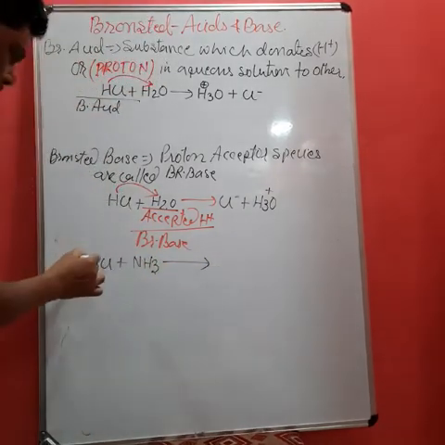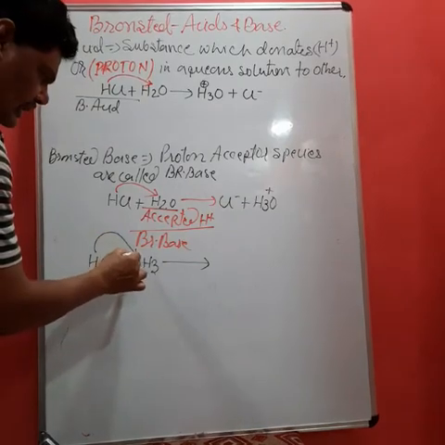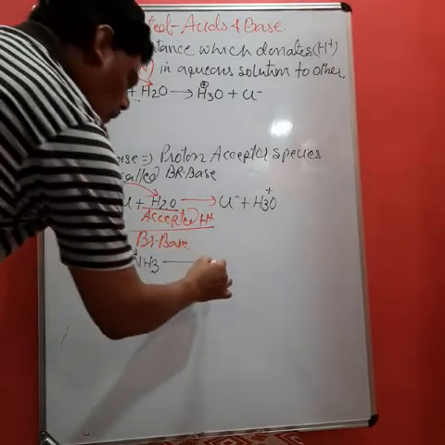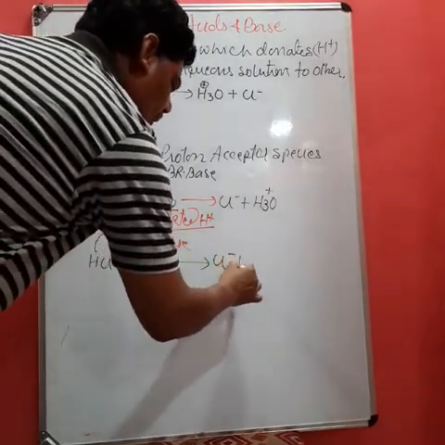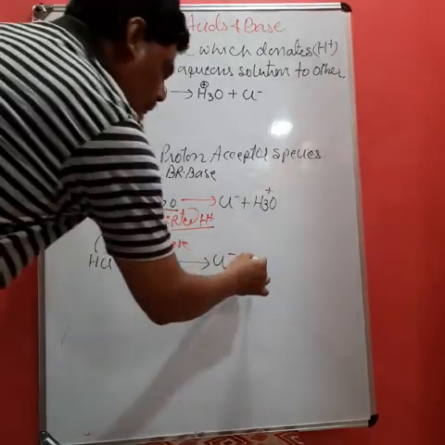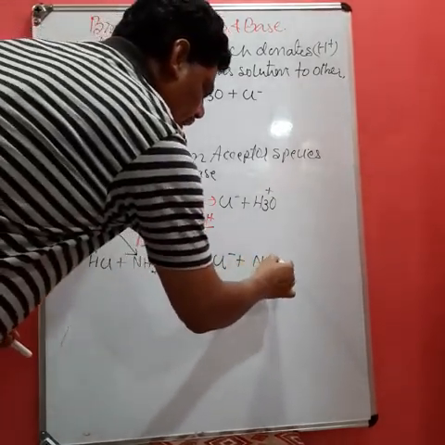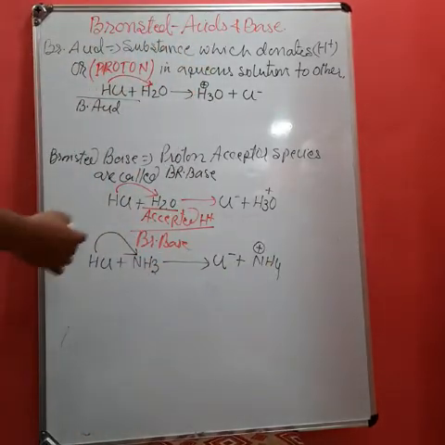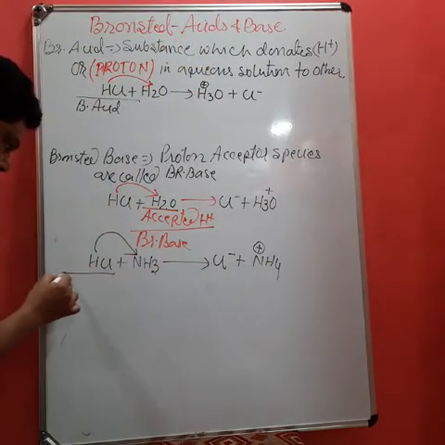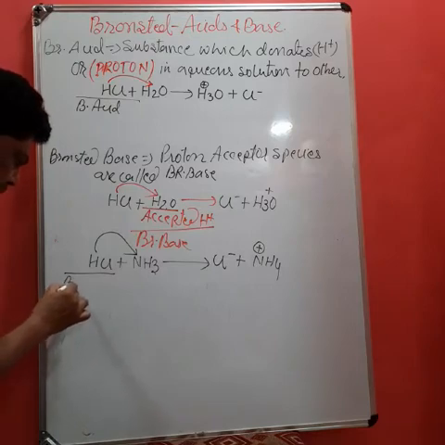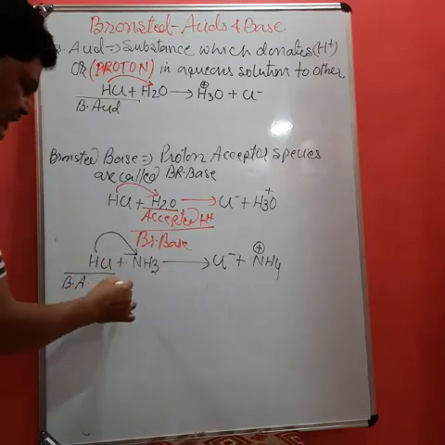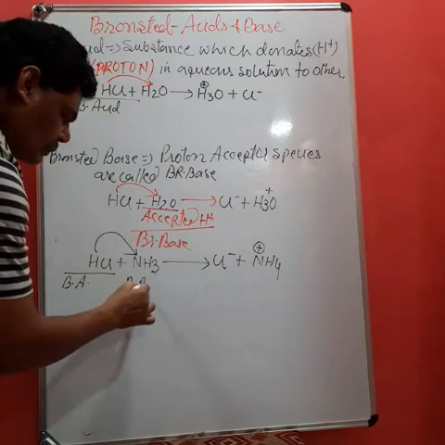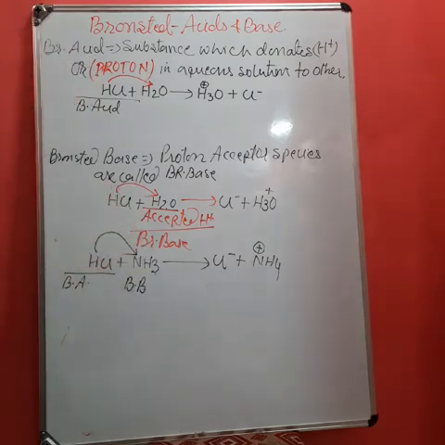Now, HCl donated its H, therefore it converted into Cl anion, and NH3 becomes NH4 cation after gaining a proton. So, this is the proton donor, therefore this is called Bronsted acid. And this is the proton acceptor, therefore this is called Bronsted base.